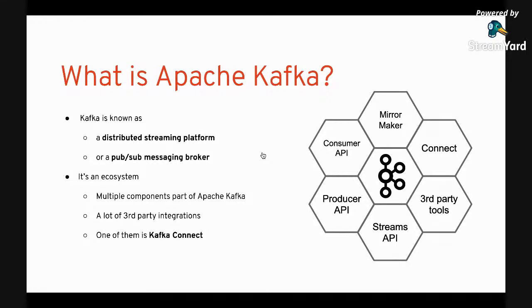And as Camel is an ecosystem, there are multiple components in Apache Kafka: consumer API, producer API, Kafka Connect, Mirror Maker, and so on. And the most important part for Camel Kafka connector is the Kafka Connect framework.